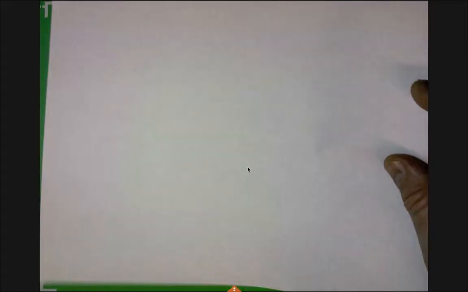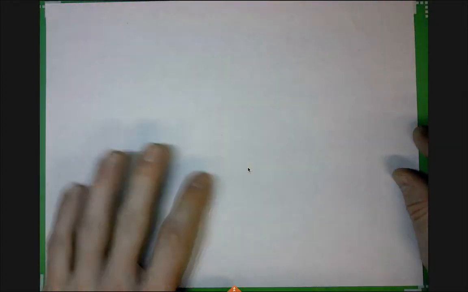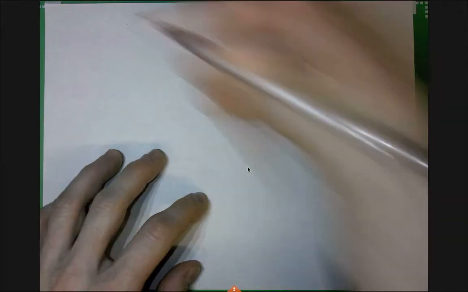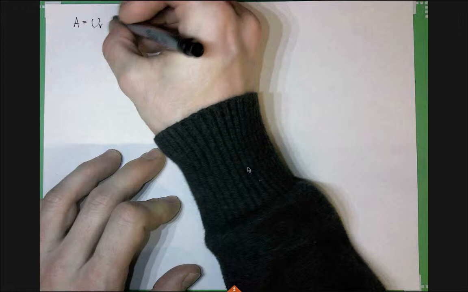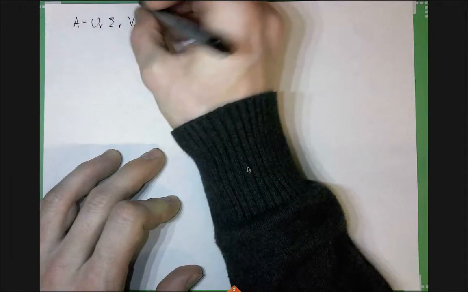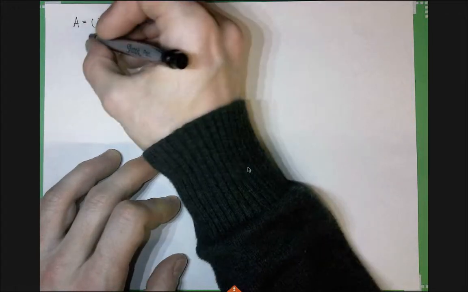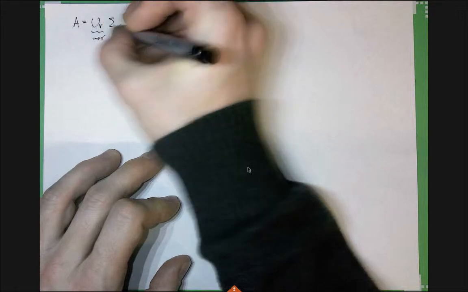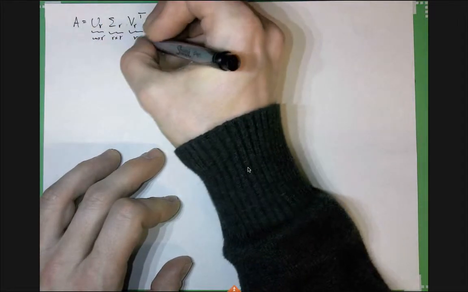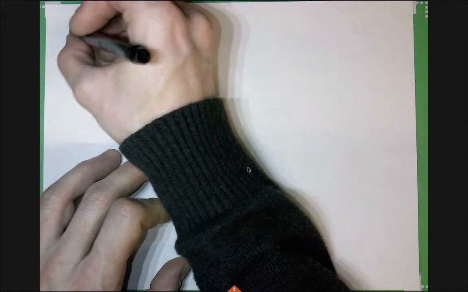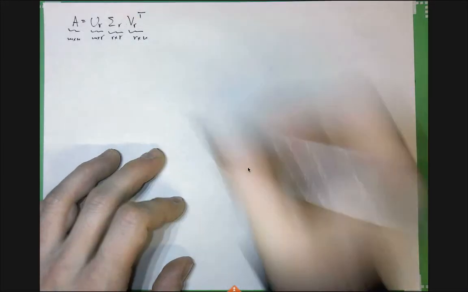So let me explain that. This compact SVD looks like this. This is UR, sigma R, VR transpose, where this is an M by R matrix, this is an R by R matrix, and this is an R by N matrix, and this is of course the input M by N matrix.